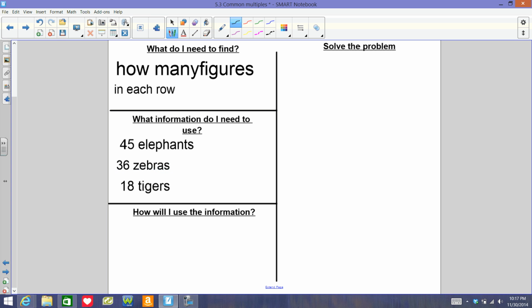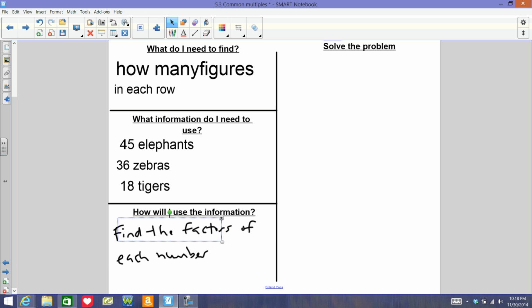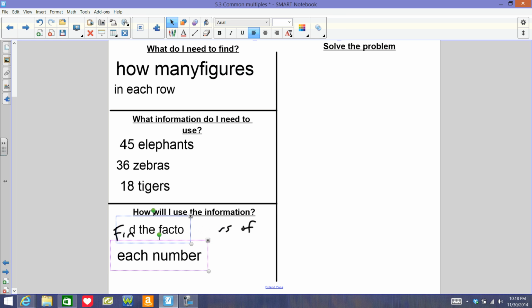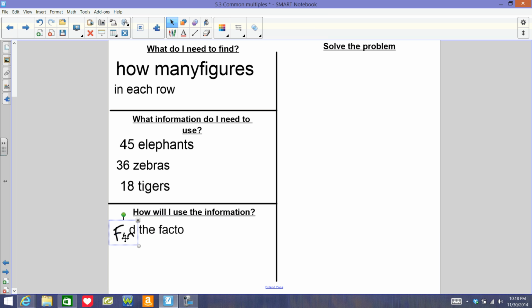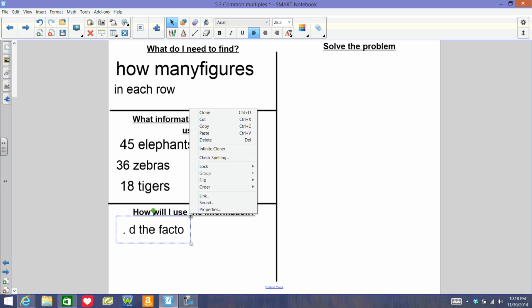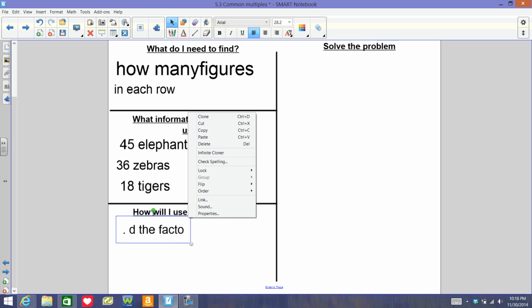So I'm going to find the factors of each number. All right, let's try that. Okay, so we need to find the factors of each number.